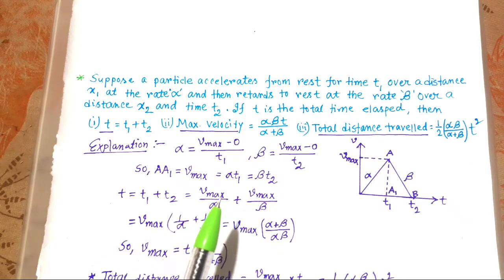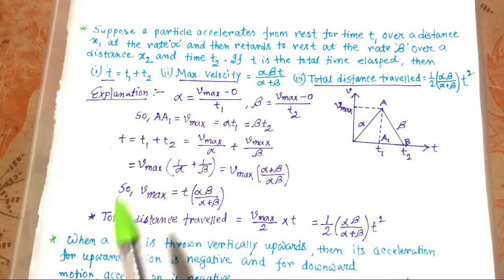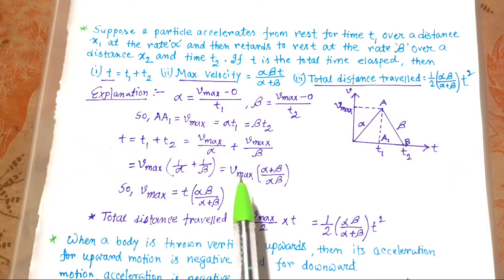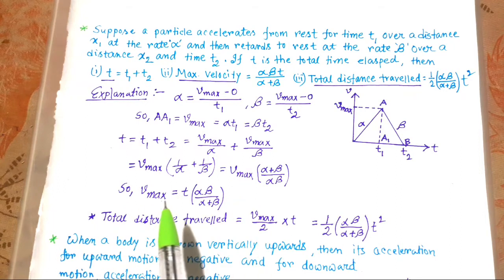Taking Vmax common, we get Vmax into alpha plus beta by alpha beta. So Vmax equals t into alpha beta by alpha plus beta, because t equals Vmax into alpha plus beta by alpha beta, so Vmax equals this.